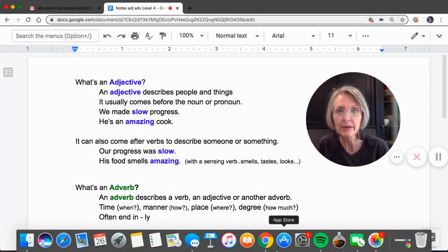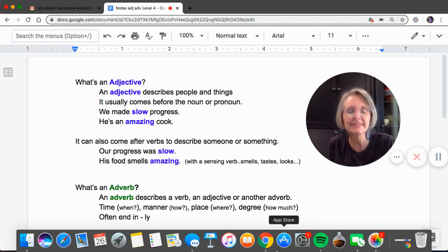Okay, adjectives can also come after verbs to describe someone or something. So instead you could say our progress was slow, right? Or you could say his food smells amazing. All right, so the verb smells is a sensing verb.